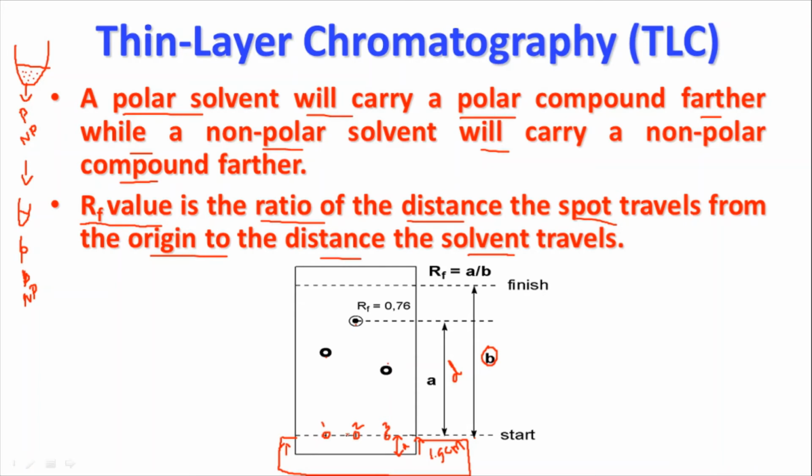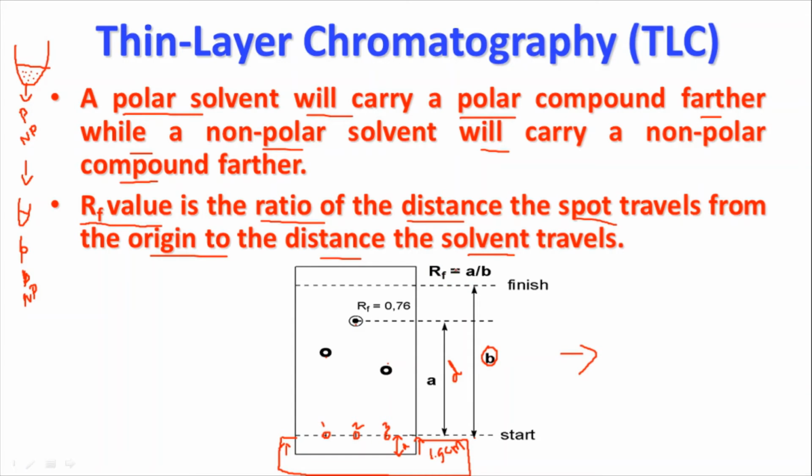Only the origin of sample application is considered. Some of them get confused. If you take the value from here, you cannot reproduce the RF value. So always take it from the sample application area.